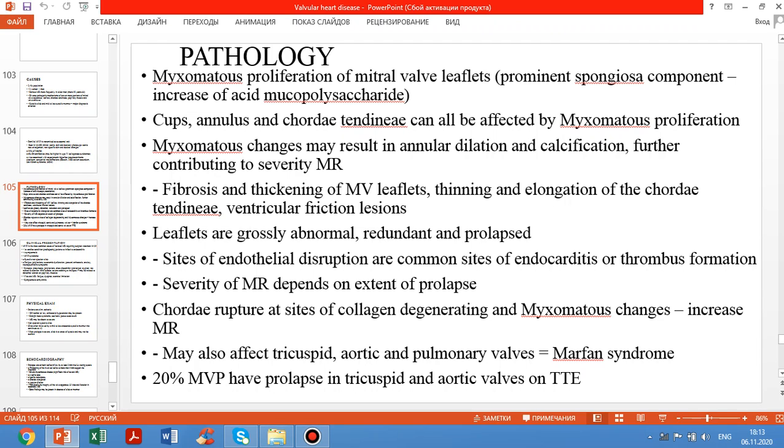Myxomatous changes may result in annular dilation and calcification, further contributing to severe mitral regurgitation. Fibrosis and thickening of mitral valve leaflets, thinning and elongation of the chordae tendineae, ventricular friction lesion.